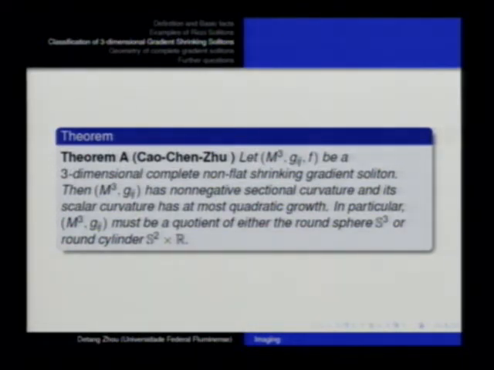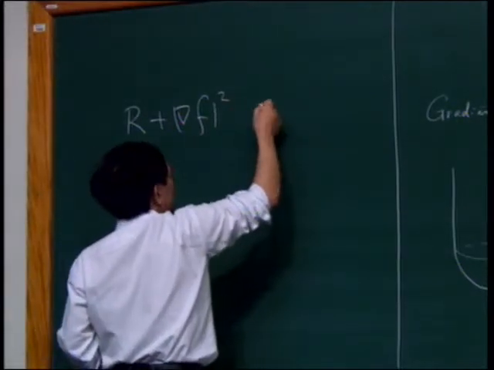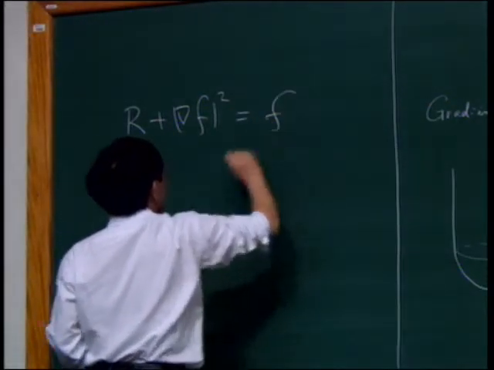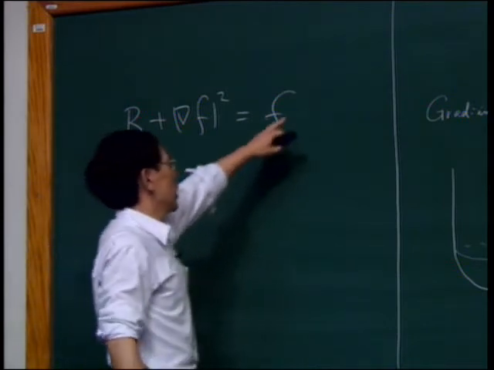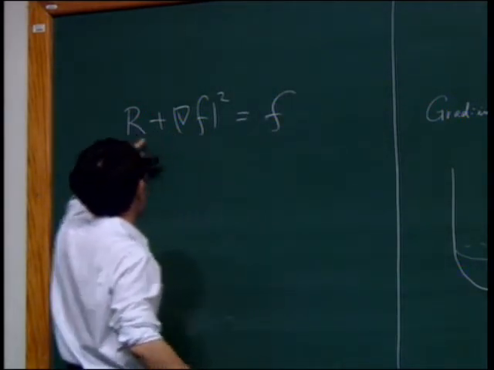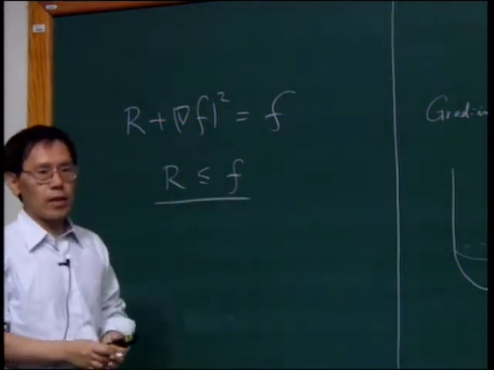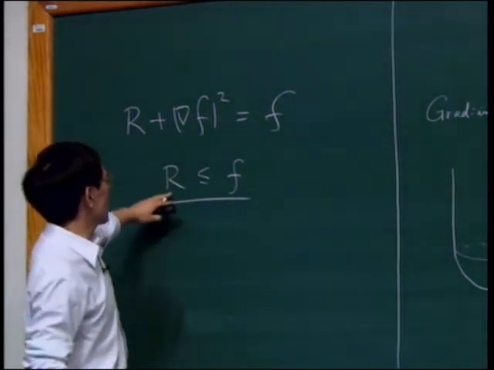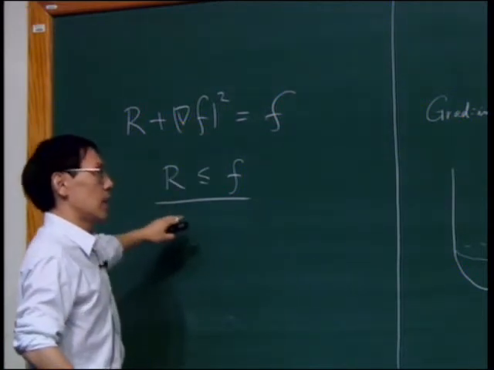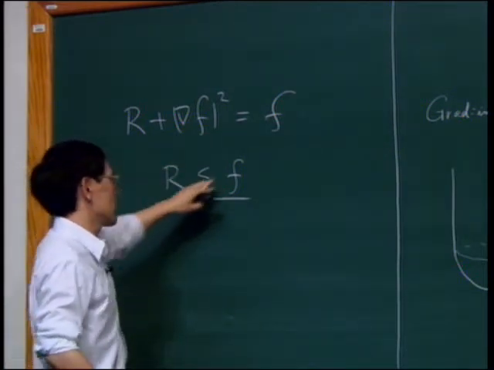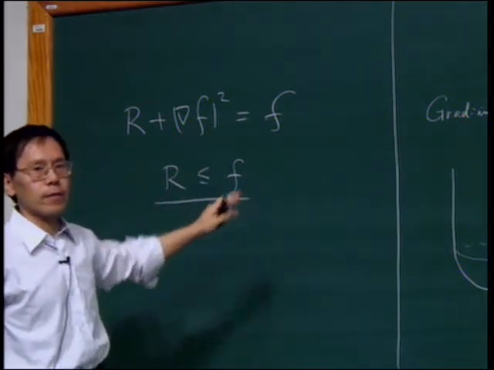And then they can prove that, because I just put here, Hamilton proved that minus f equals to, I just put this. So if you have a control of this, you have this inequality. So if the curvature is non-negative, all the sectional curvature is controlled by f.